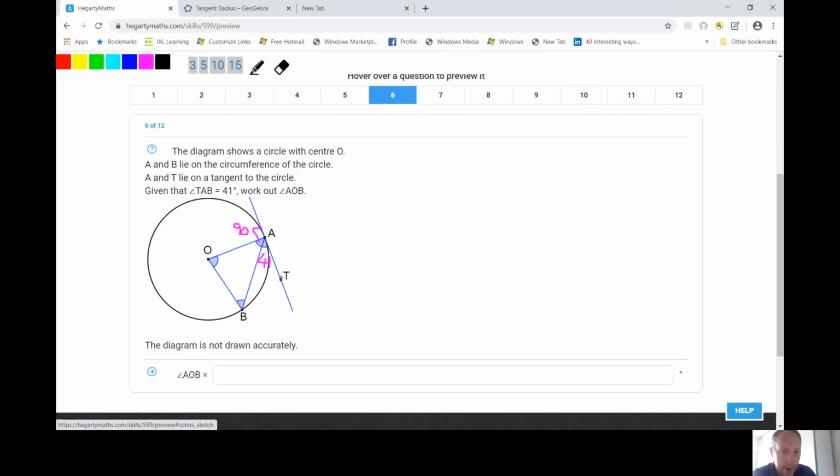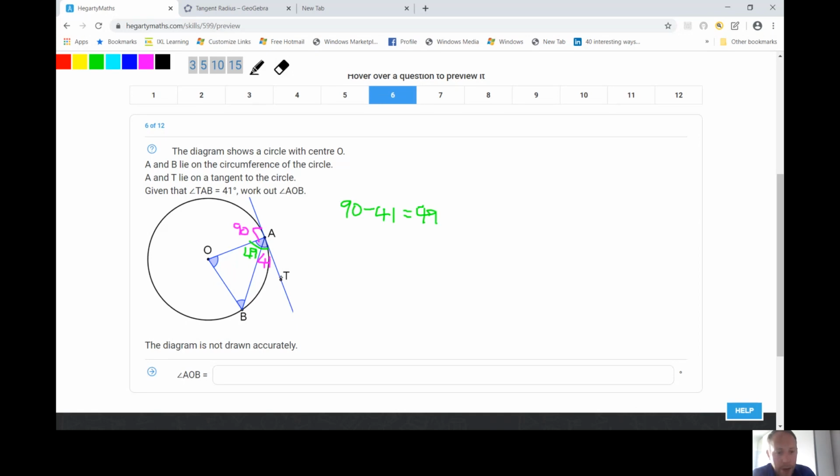So if I do that bit in green, that whole angle there is 90 degrees. So if I do 90 take away 41, take 40 off is 50, take 1 off is 49. So that means this angle inside the triangle at the bottom is 49.